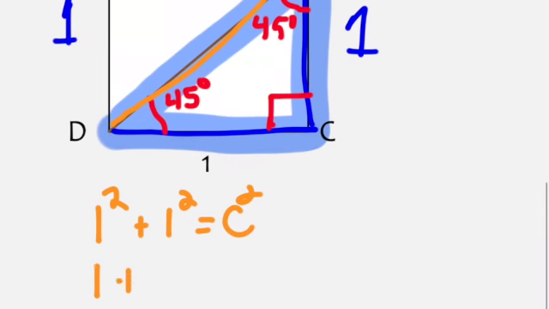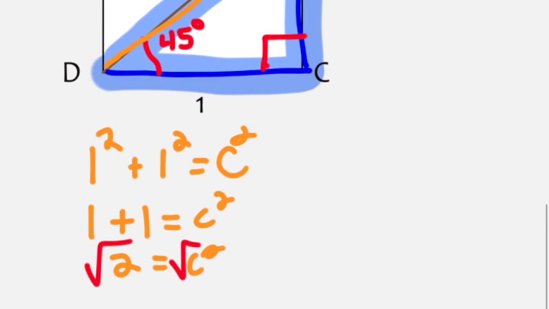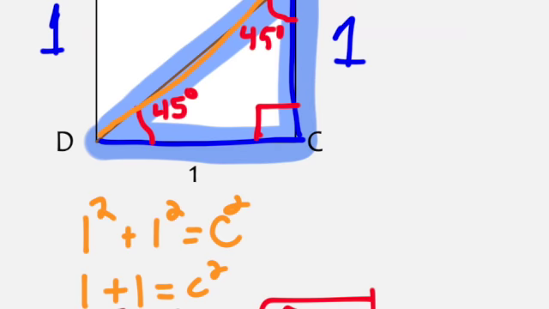So this is 1 plus 1, and then I'm going to get 2 after adding those up. Then I'm going to square root each side to solve for c. So I end up with c equaling the square root of 2. So now this measurement right here is equal to the square root of 2.